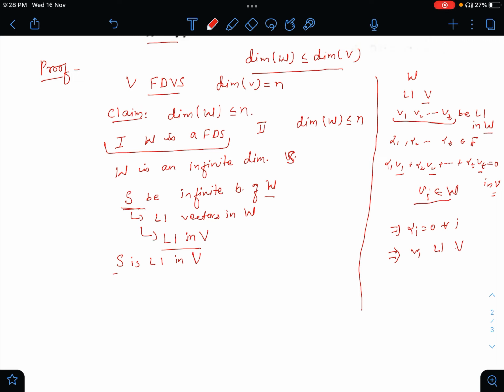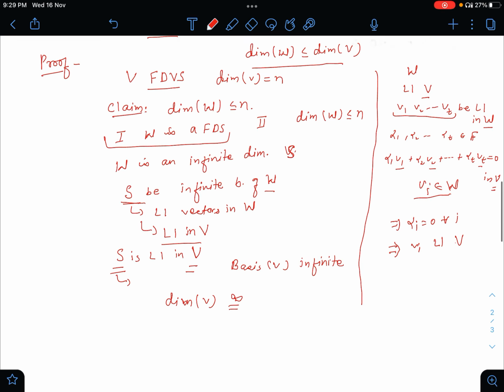So S has an infinite number of elements, and these elements will be part of a basis of V. That means the basis of V has an infinite number of elements, which shows that dimension of V is infinite.